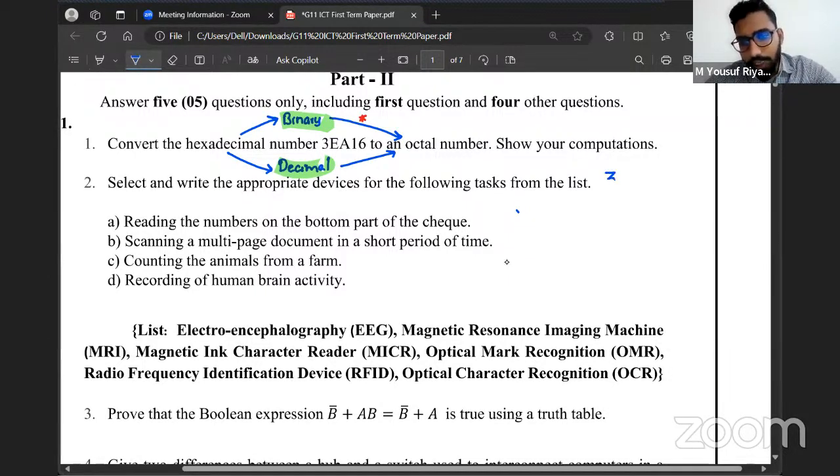First of all, you write all the digits we have with a small space. So we have a digit called 3. We have a digit called E. Oh wait, let me take a separate paper for this.